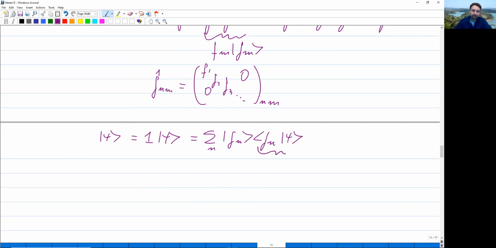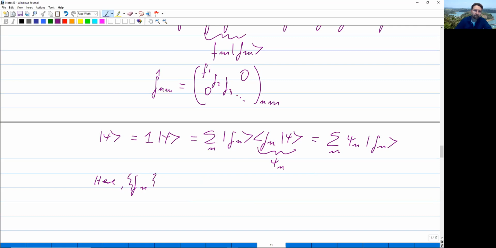We recognize this is psi n. That is the wave function of the state psi in the f eigenbasis. So this is the sum over n, psi n, fn.